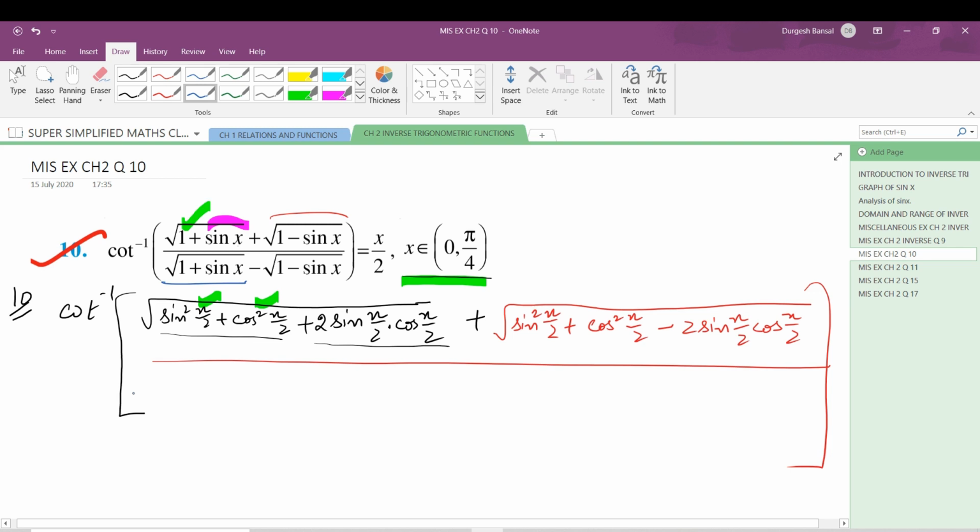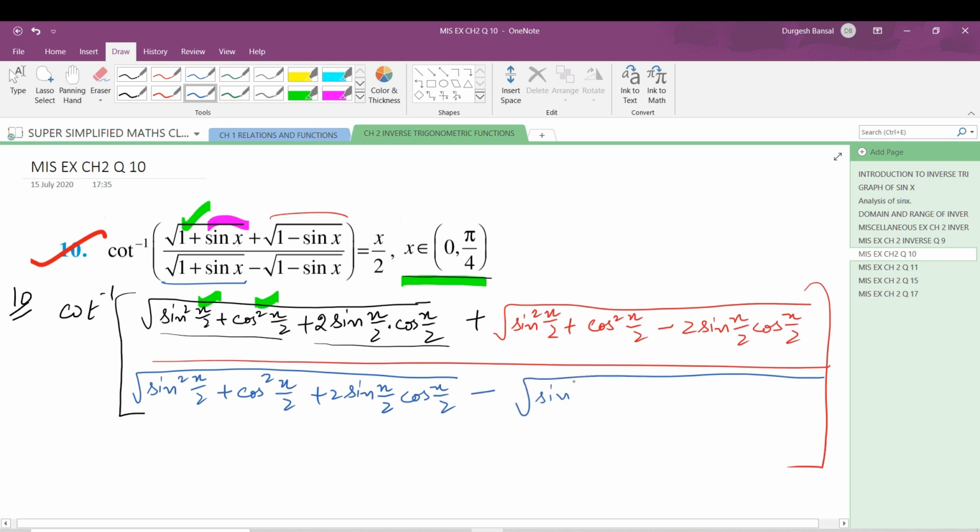Now this third bracket, root 1 plus sin x, can be written in exactly the same manner as above, and then minus square root of sin square x by 2 plus cos square x by 2 minus 2 sin x by 2 into cos x by 2. So we have written all the 4 square roots in this form.